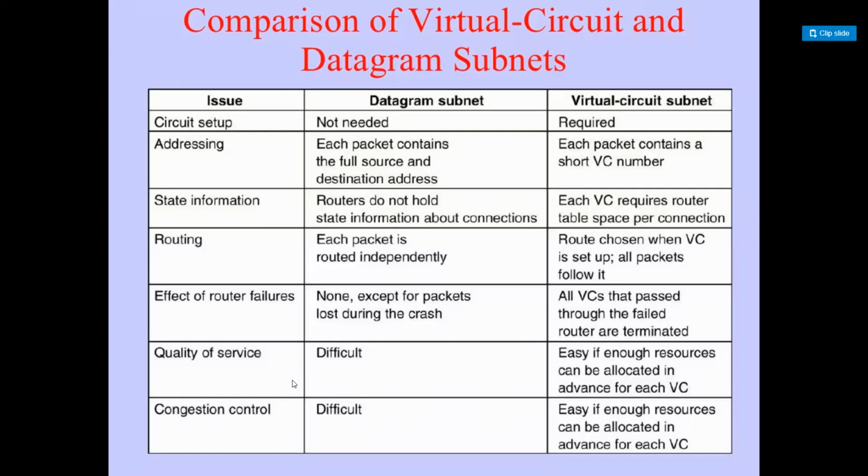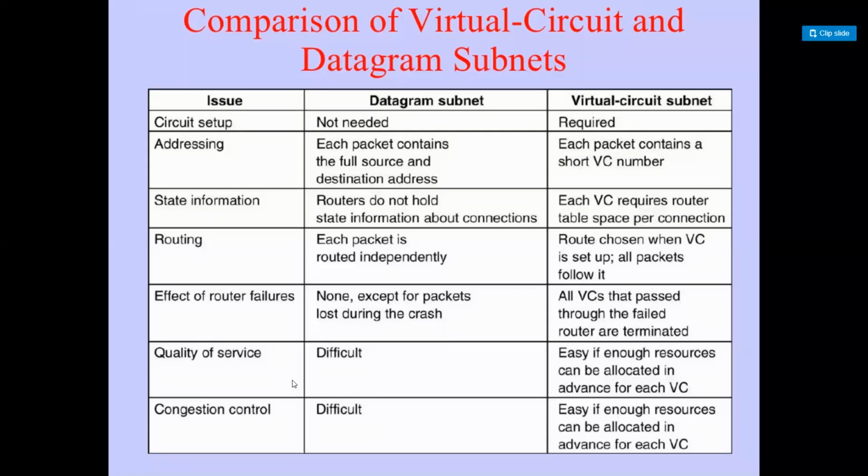Suppose a packet arrives at router A in a datagram subnet; it doesn't bother about the destination. It will send the packet to the next immediate router. That is the responsibility of routers in a datagram subnet.